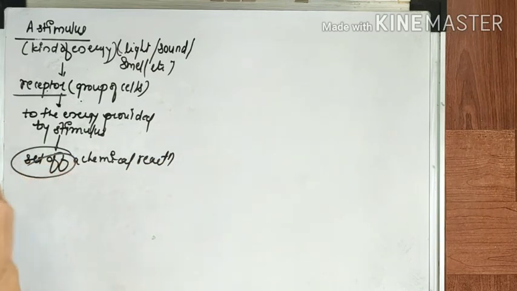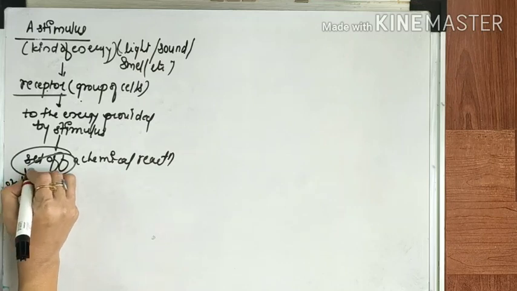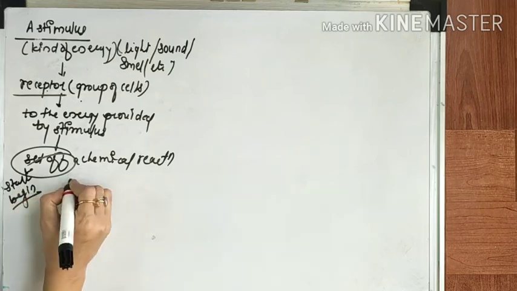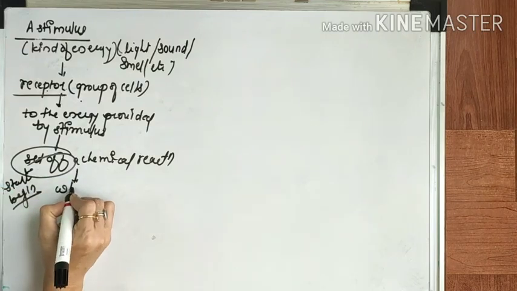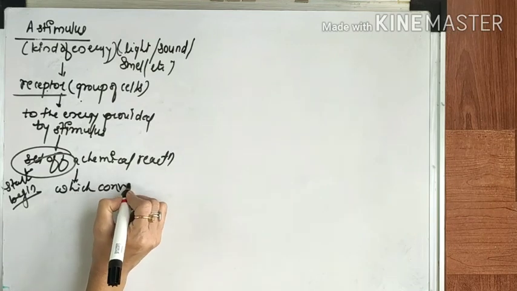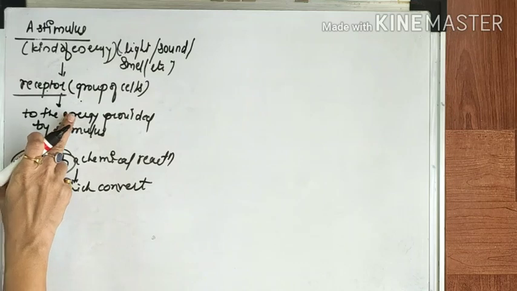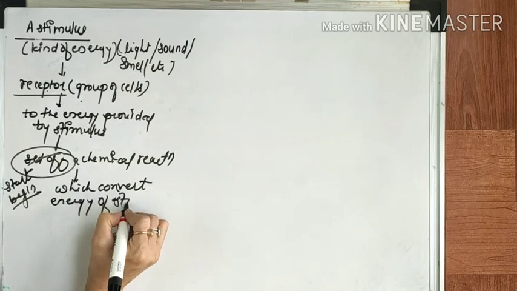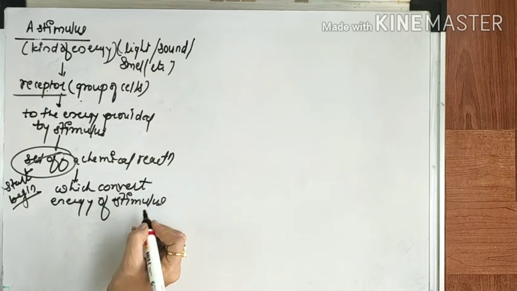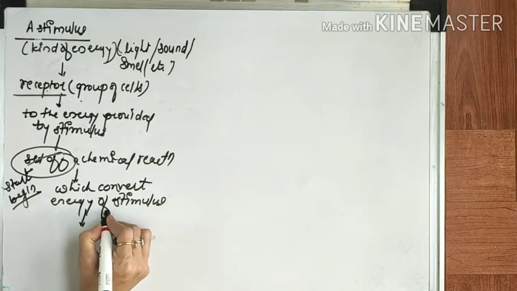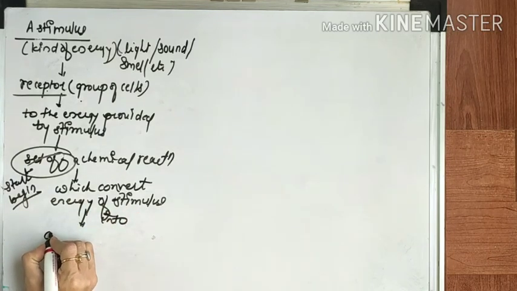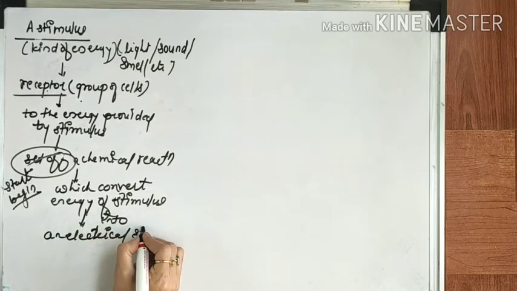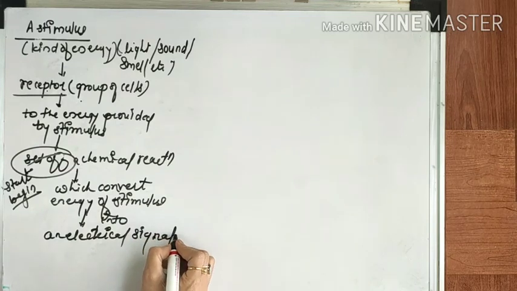Okay, set off means to start or begin. It means to begin a chemical reaction, and that chemical reaction converts the energy of the stimulus into an electrical signal.